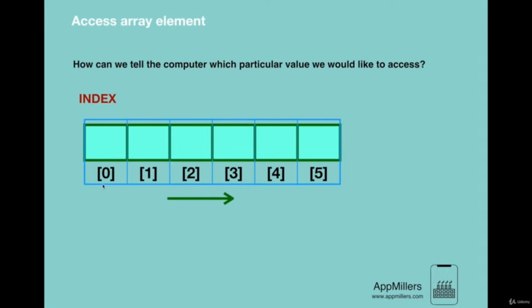The first element in the array is referred to using index 0. As you move further to the right, the index increases by 1 for each space in the memory. As you see, it starts from 0 and it's increasing sequentially until we reach the end. So the general syntax to access an element in an array is like this: the name of the array, then the index of the cell.